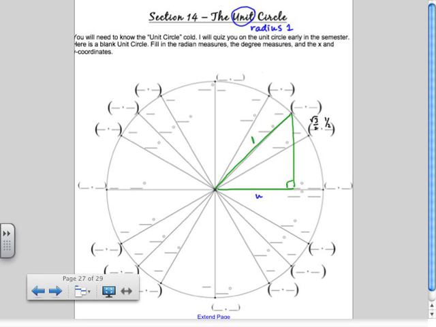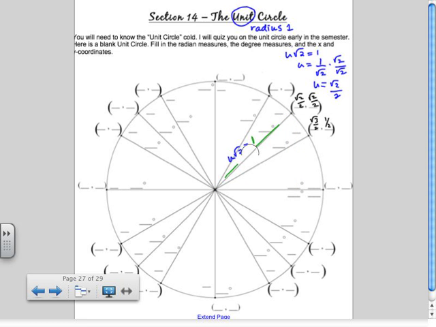So if I have u, and u times the square root of 2 is equal to 1, solving for u I have 1 over the square root of 2, which if you rationalize, multiplying by square root of 2 over square root of 2, you get square root of 2 over 2. So you go out square root of 2 over 2 and up square root of 2 over 2. So these coordinates are square root of 2 over 2, square root of 2 over 2.